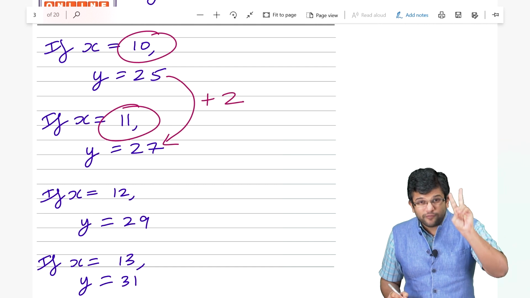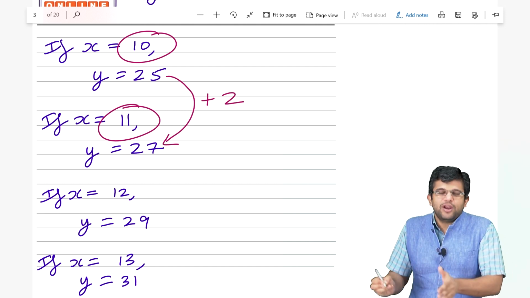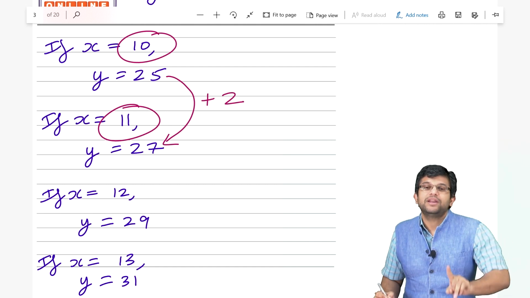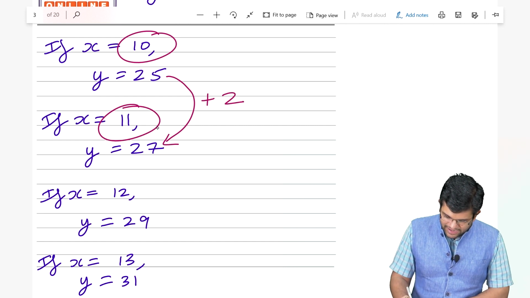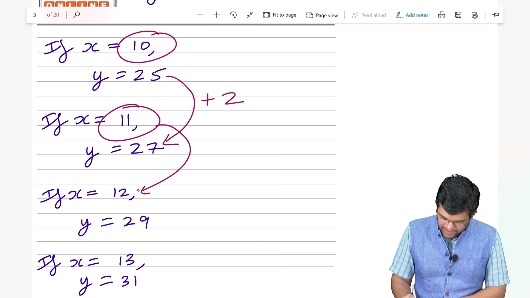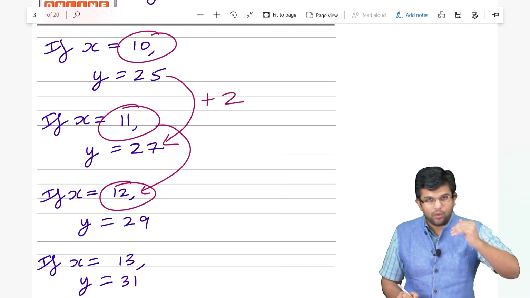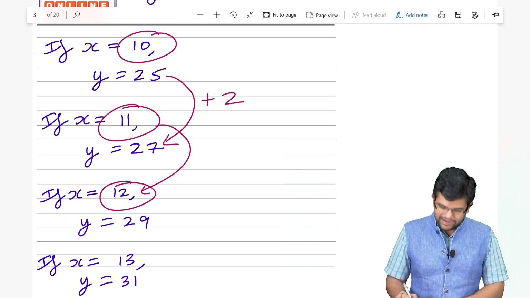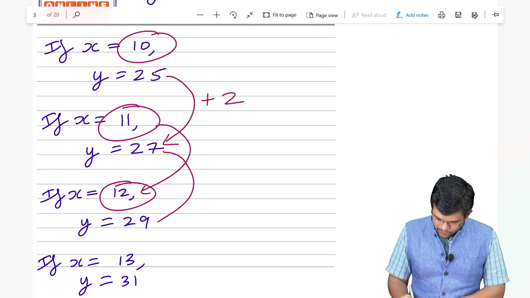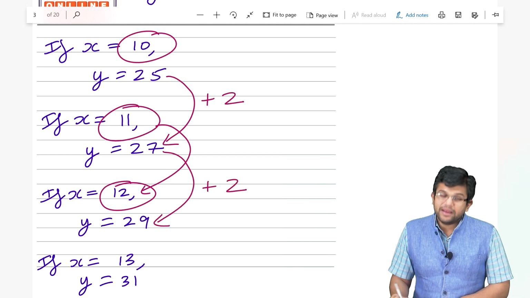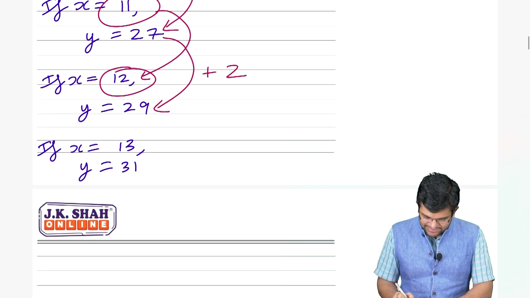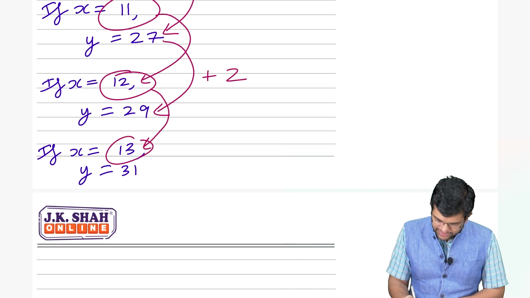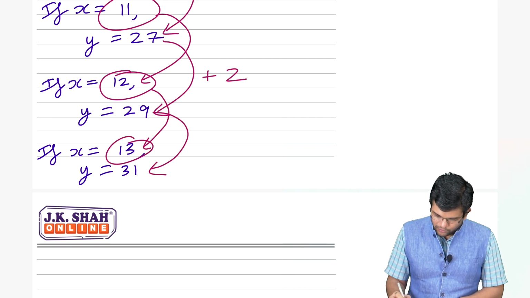There is a change of 2 in the value of y for every 1 unit change in x. You can see again, as x moves from 11 to 12, 1 unit change in x, y moves from 27 to 29. It is moving by 2. As x moves from 12 to 13, y moves from 29 to 31.